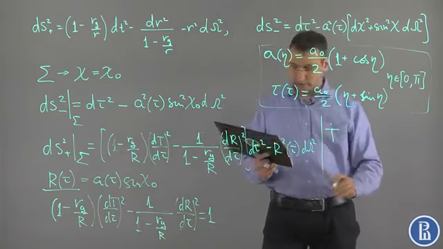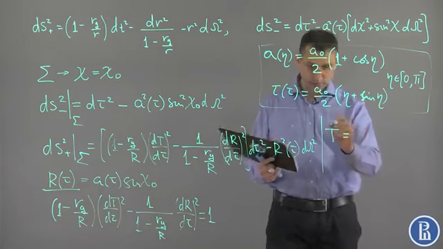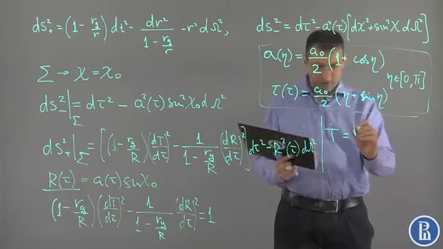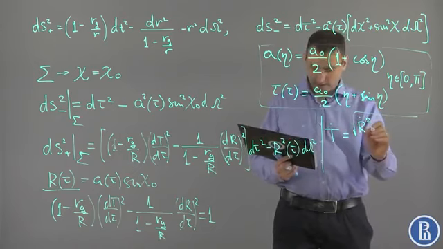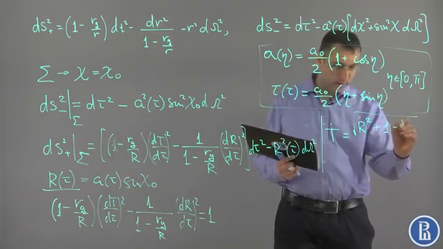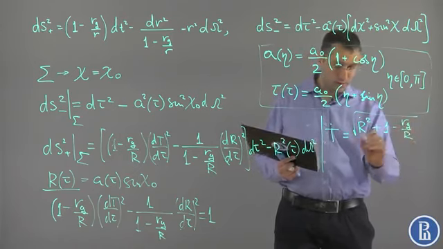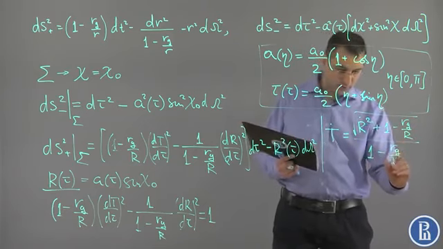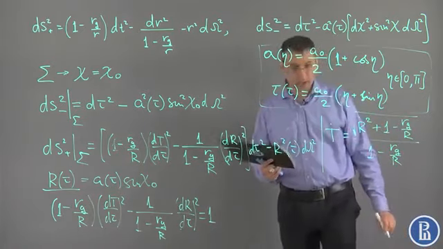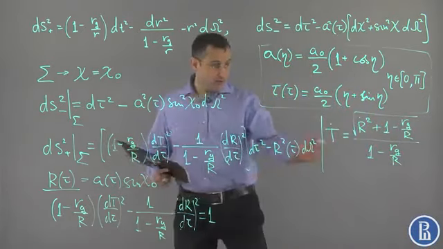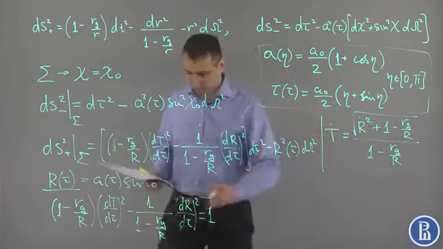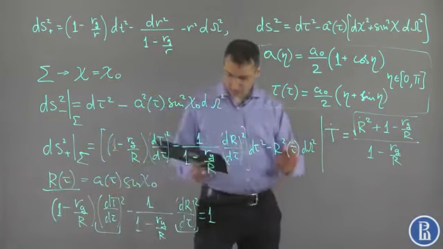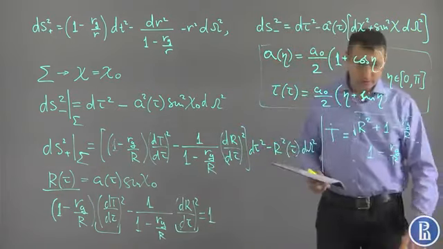So t dot is equal to the square root of (r dot squared plus 1 minus rg over r) divided by (1 minus rg over r). Again, t dot and r dot are derivatives with respect to tau.